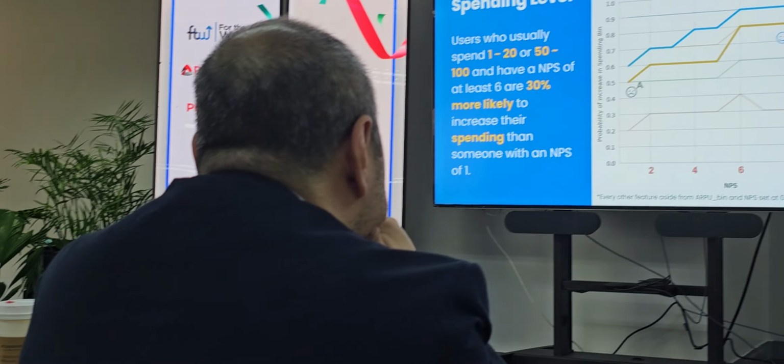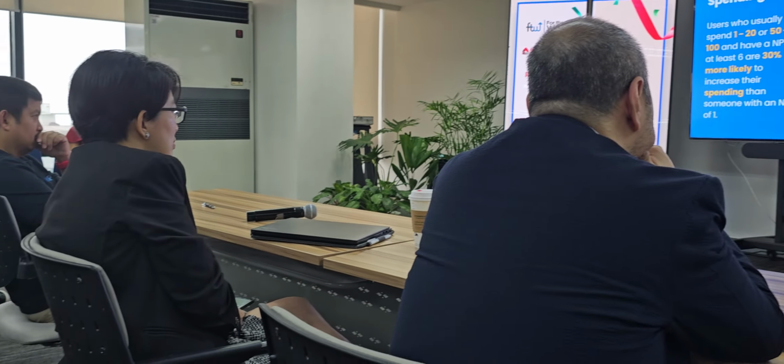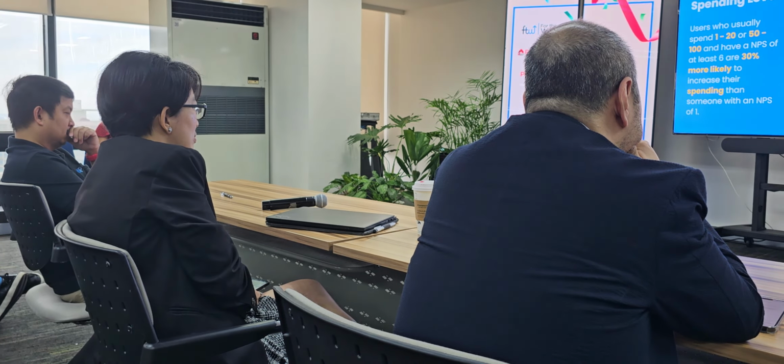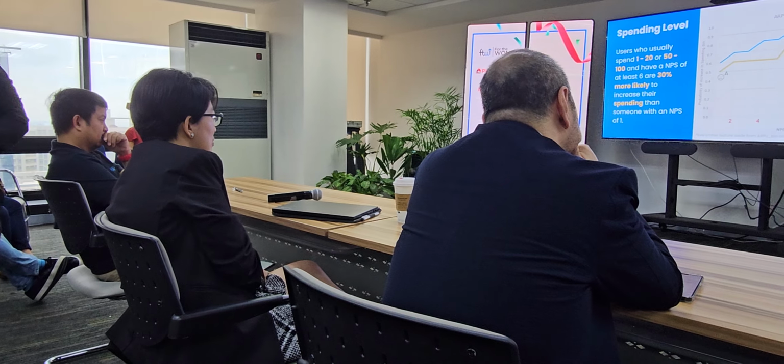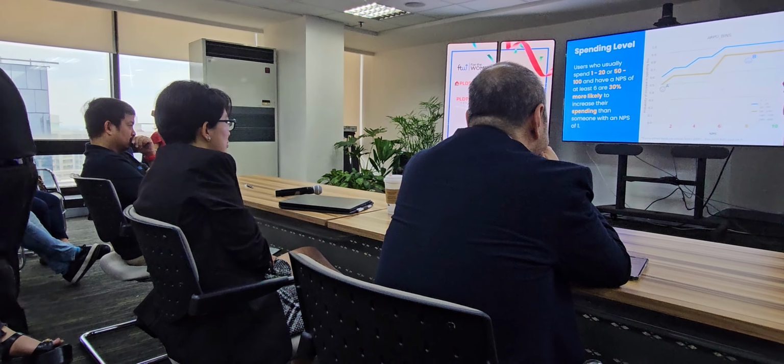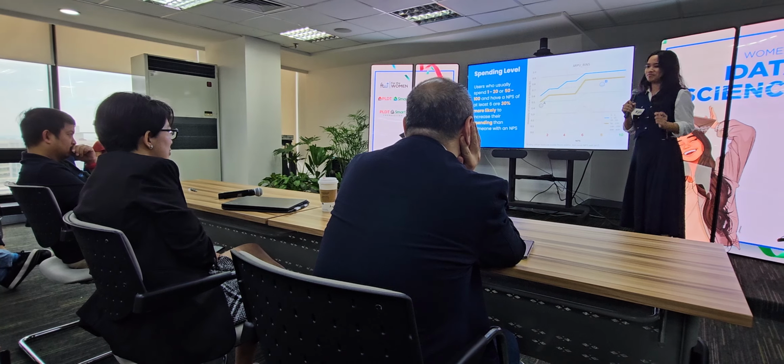Here we can see that users who spend between 1 to 20 pesos or 50 to 100 pesos with a score of at least 6 are 30% more likely to spend compared to their counterparts who gave a score of 1. Another feature that we explored was the district or the region.